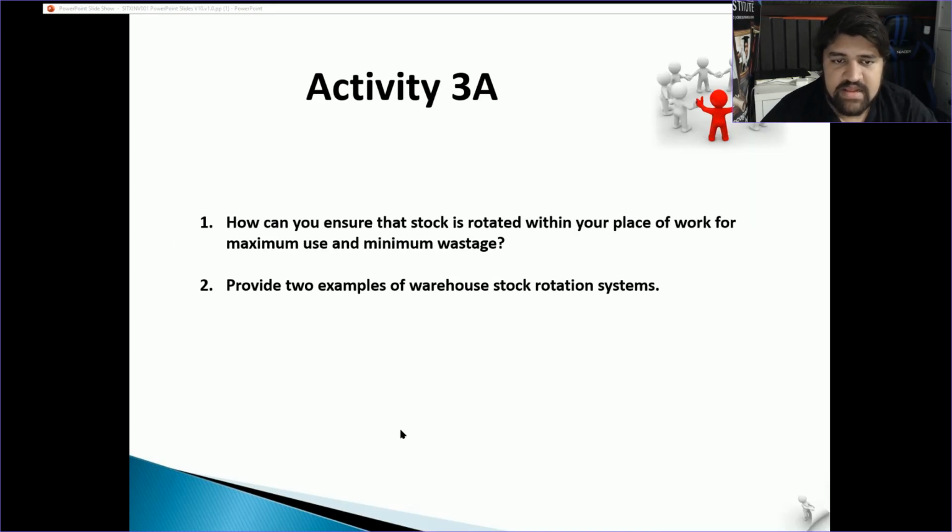Okay. How can you ensure that stock is rotated within your place of work for maximum use and minimum wastage? Proper processes in place following the organization's procedures, such as the 2-bay system, barcode system, or the FIFO system. There are other ways using software. You can record your receiving and your deliveries when you've got them.